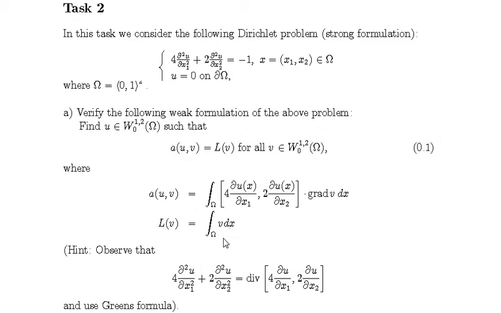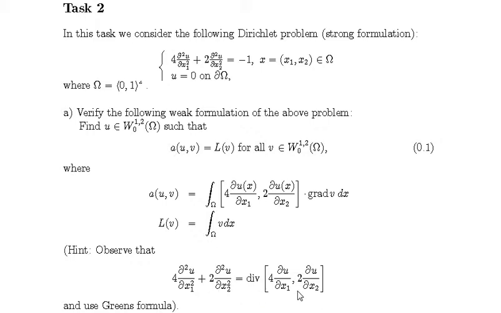We also got the hint to use that 4 times the partial derivative of u with respect to x1 plus 2 times the second derivative of u with respect to x2 in fact is equal to the divergence of this vector.